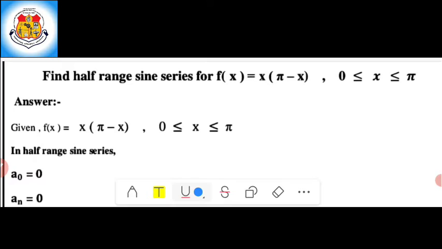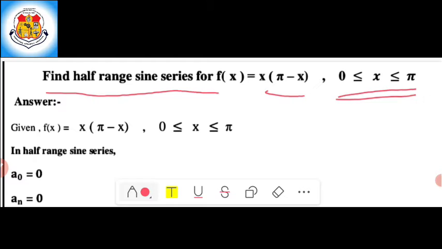In today's lecture, we will discuss some examples on half-range Fourier sine series. The first example is: find the half-range sine series for the function f(x) = x(π − x), defined in the interval 0 to π.